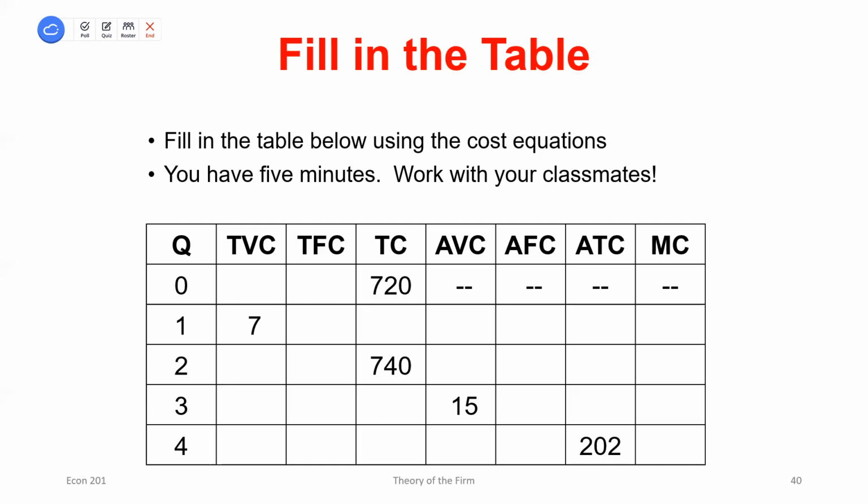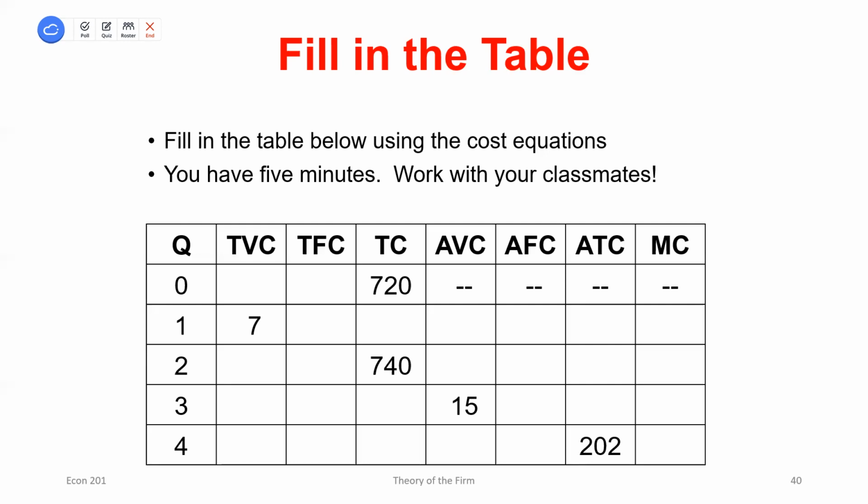The difference between these two will just be whatever my variable costs are. The difference between those two is 20. I know that my variable and my fixed costs always have to add up to that total. Once I know my total variable costs, I can find my average: 20 over 2, or 10. Then I go down to the next row.